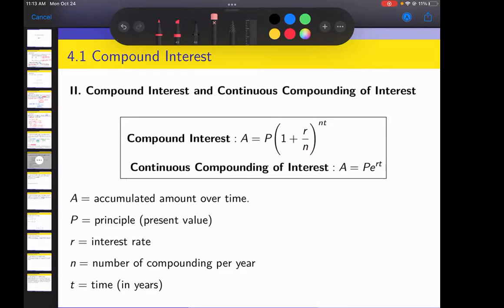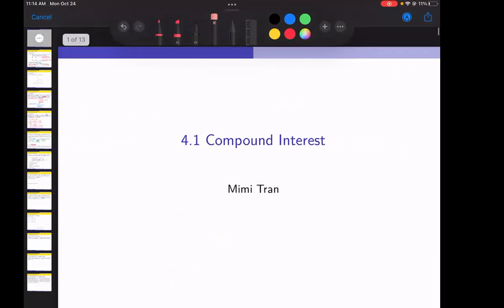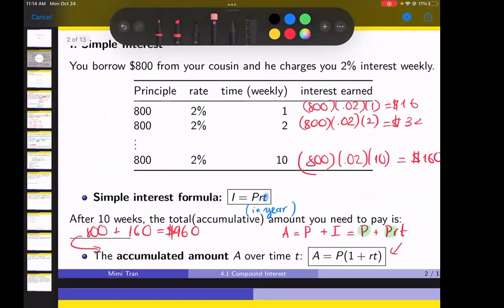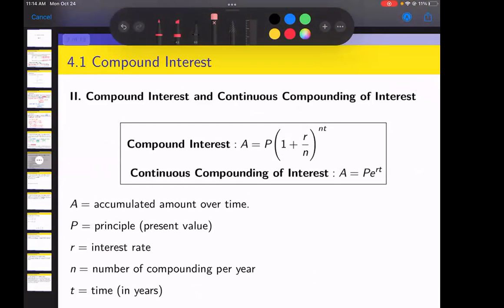You have to understand what compound means. What does compound mean? Remember your cousin said if he knows the compound formula is better than simple interest, how many times is he compounding? 10 times, right? That's the meaning of compounding: how many times you put your interest into the principal and make money off it. Now for the compound formula, say you compound quarterly.